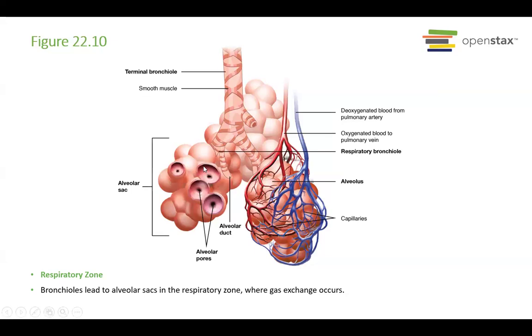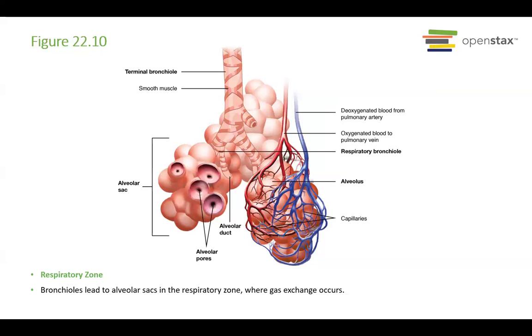But you have to understand that these alveoli are the units that exchange oxygen and carbon dioxide. That's why they call them the respiratory zone. Everything else that is not alveoli is called the conducting zone. It's just trying to get you to the alveoli.